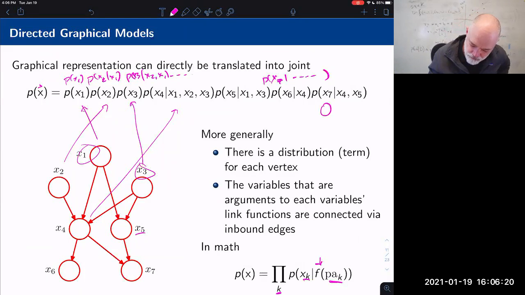Let's do something just for the fun of it. An even easier probability distribution, I'm just going to write in the margins here.